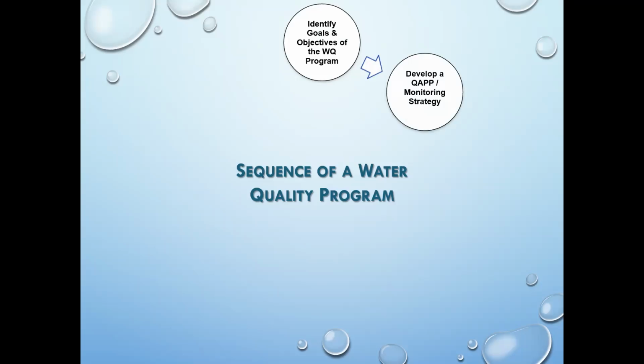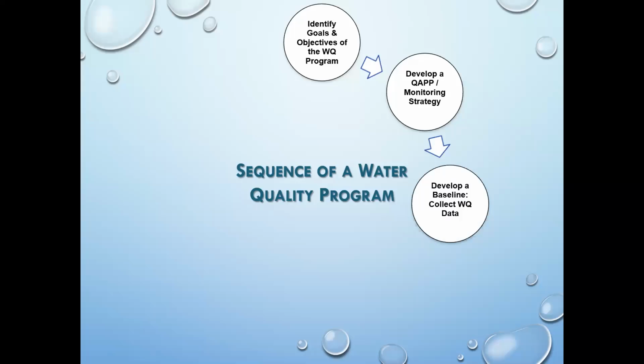Then you'll collect water quality data. You'll collect your water quality data and organize it. So for the 106 program, it must be submitted to your project officer in a WQX compatible format, which we will discuss in a few slides.